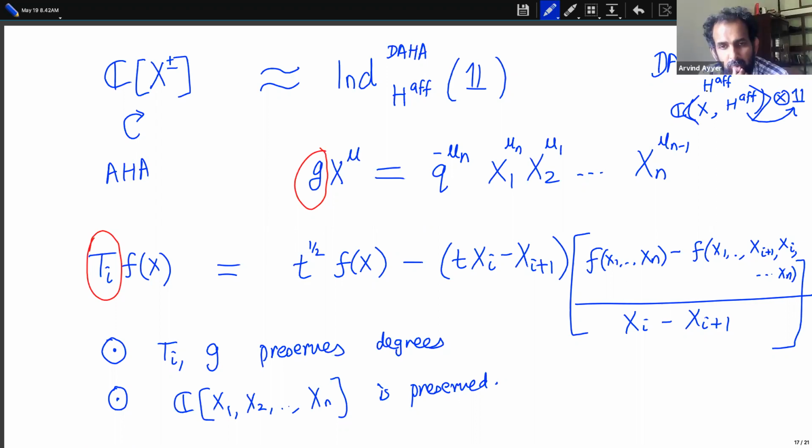So when you say that the final answer is C[x^±], what you're doing is sort of killing the y's. The affine Hecke algebra portion acts trivially on that, via the trivial representation on the one-dimensional space, and the leftover degrees of freedom are really your C[x^±].